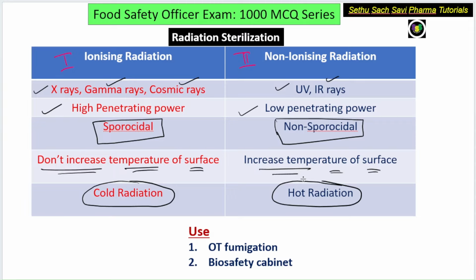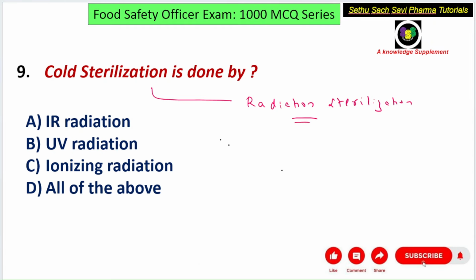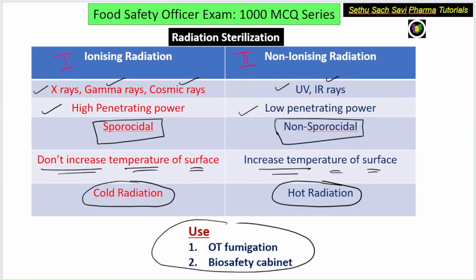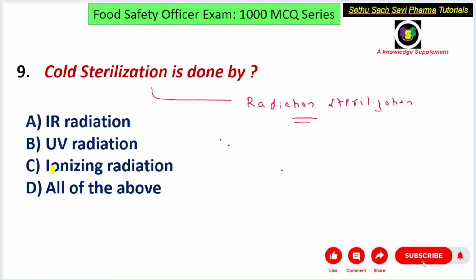These are the differences between ionizing and non-ionizing radiation. You just need to remember the differences and examples. Radiation sterilization is used in the OT, operation theater fumigation, biosafety cabinets, and so on. Now let's come to the question. I told you cold sterilization is an example for ionizing radiation. So the correct answer for this question is C.